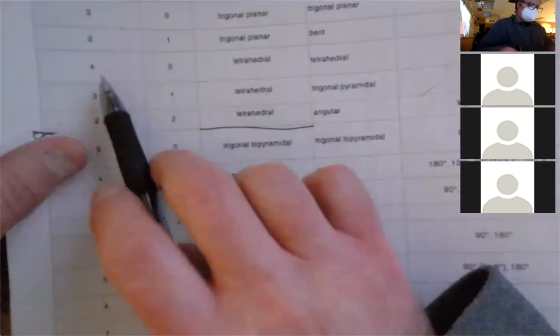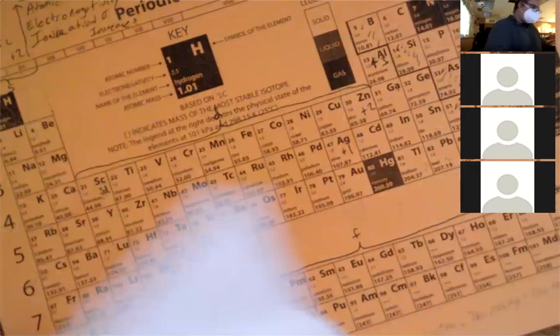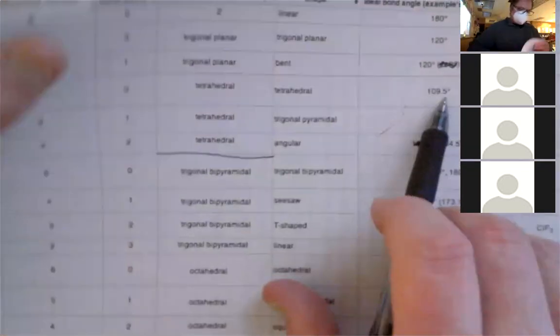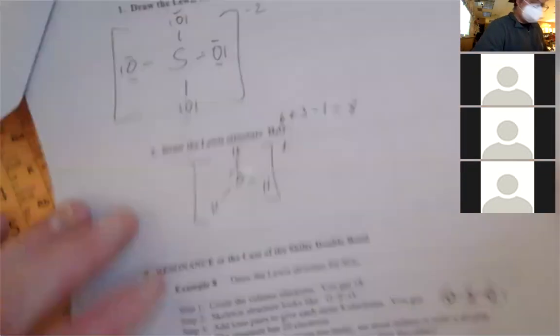We have 4 bonds. How many unshared pairs on that guy? None. So we have 4 bonds and 0 unshared pairs. That shape is tetrahedral, and that angle is 109.5. How about this guy?